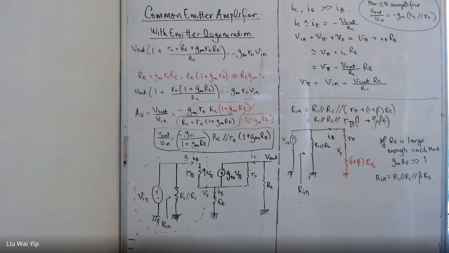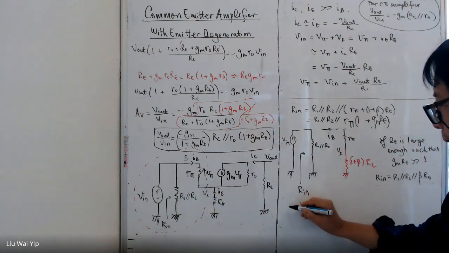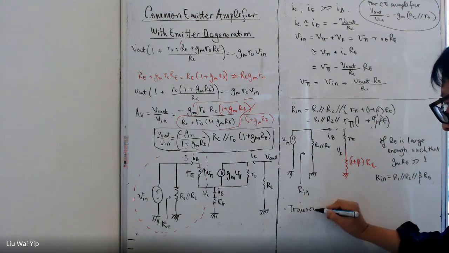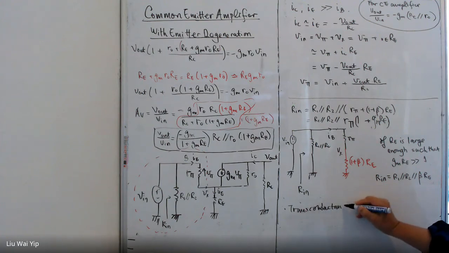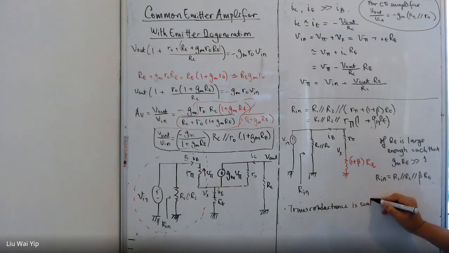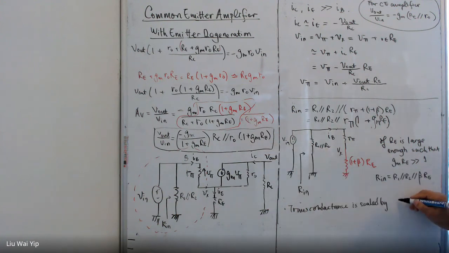The first thing that we know is the input transconductance is scaled down by the factor 1 over 1 plus Gm RE.